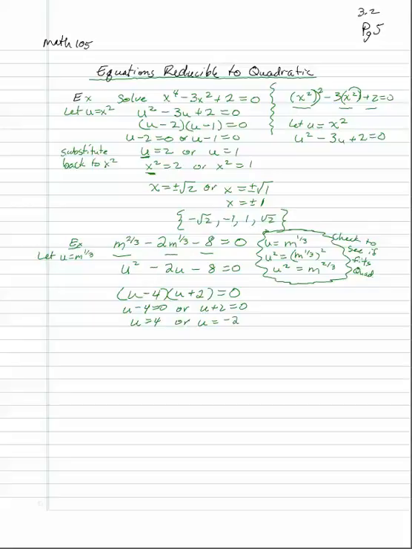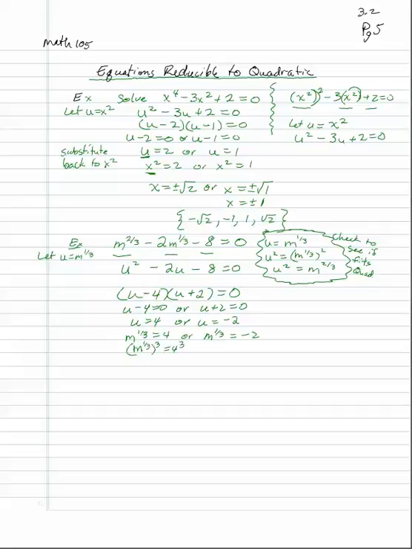And again, we're solving for m, not u, so you got to substitute back. M to the third is 4. M to the third is negative 2. And then the way you solve that is you cube both sides to get m by itself.